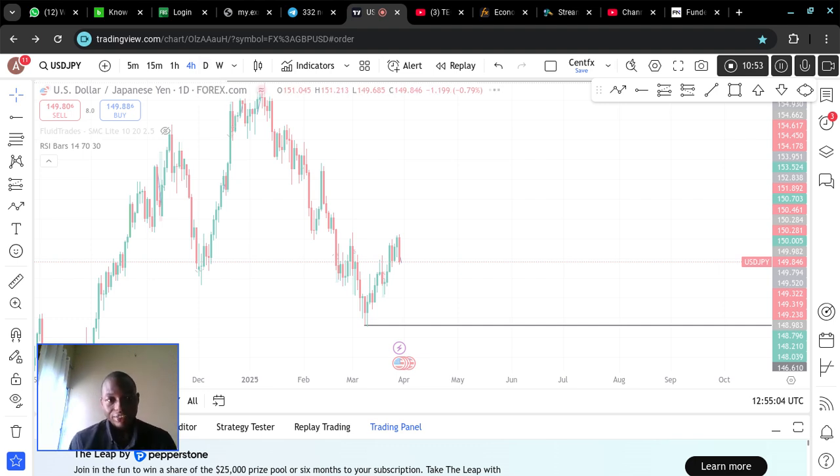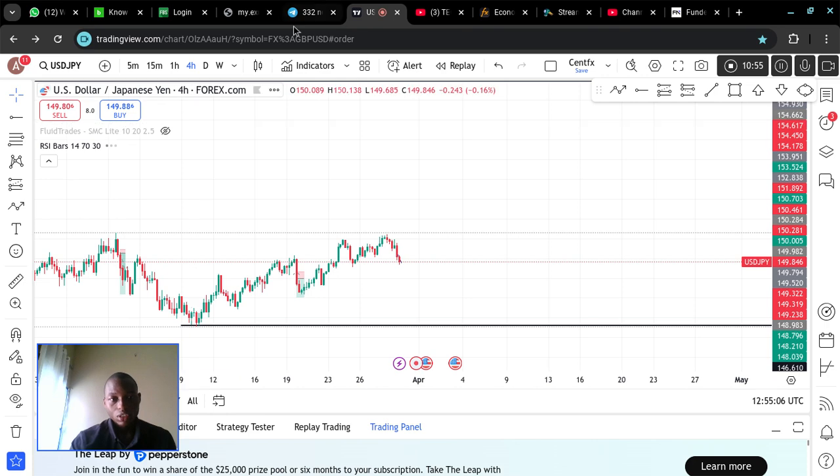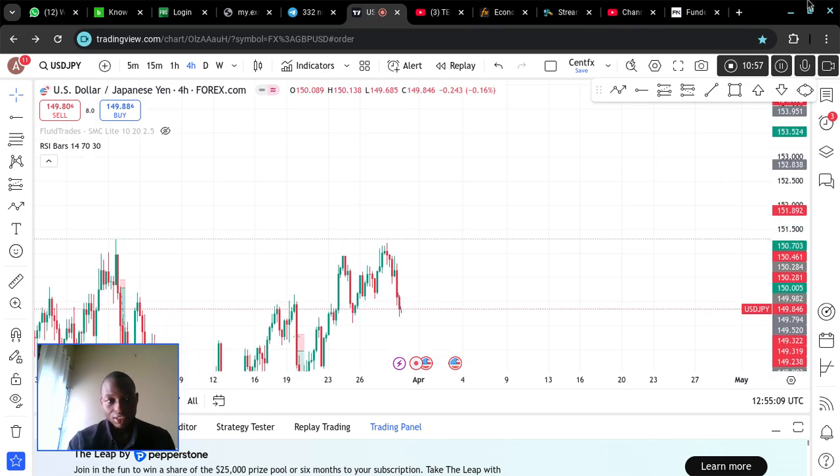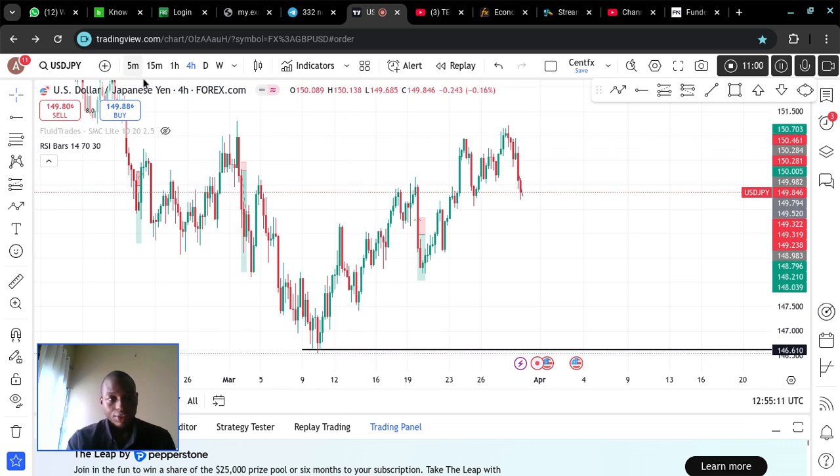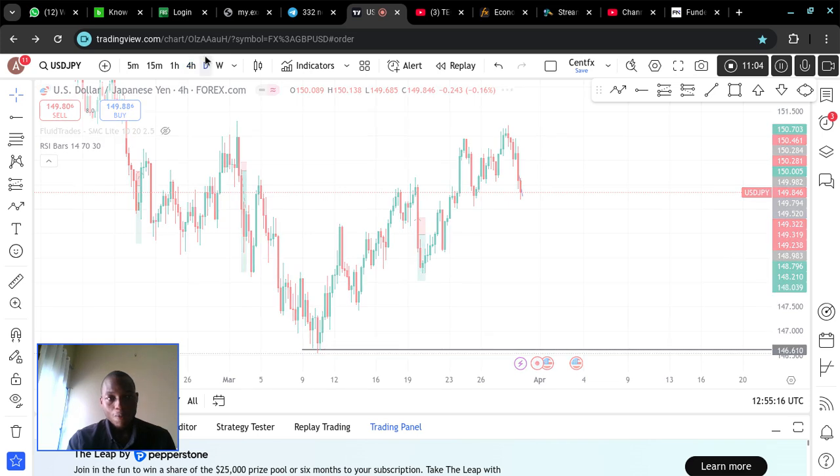This is our 4 hour time frame. You widen the chart. Don't forget to mark out your resistance.